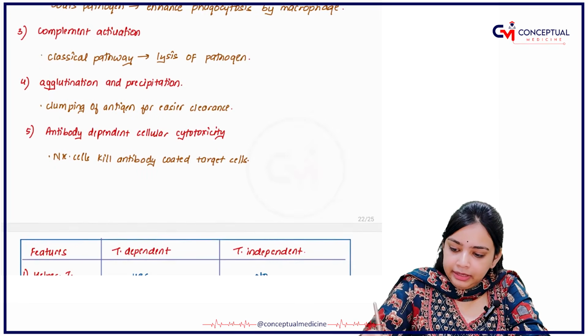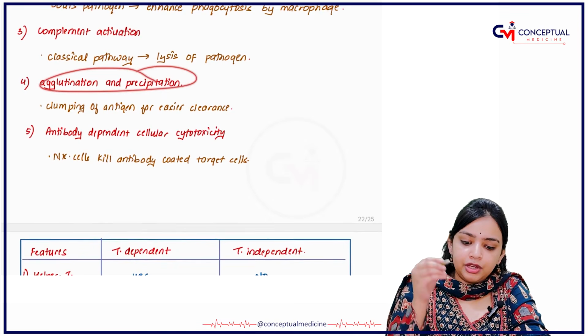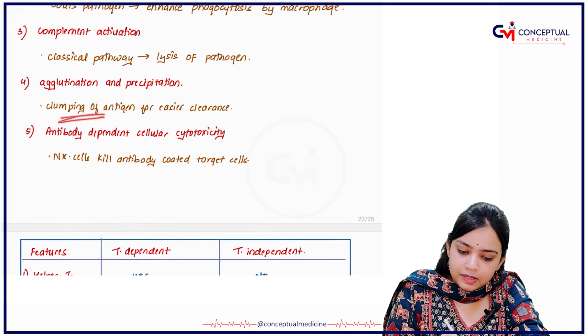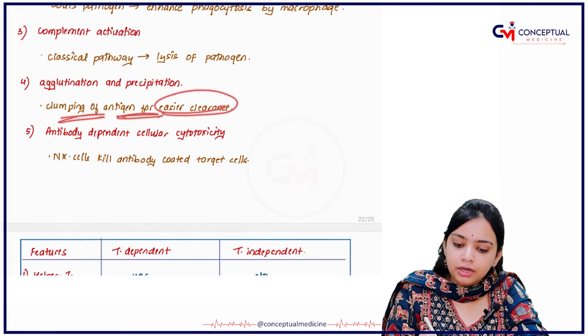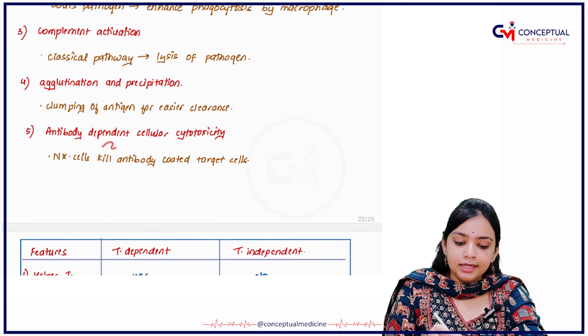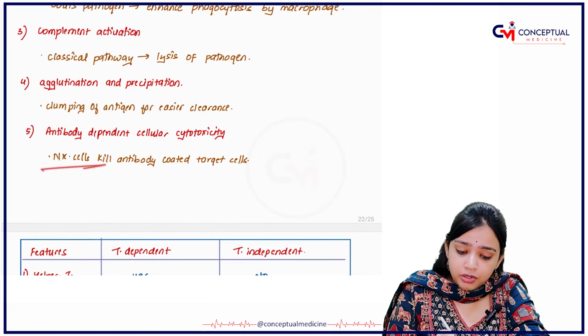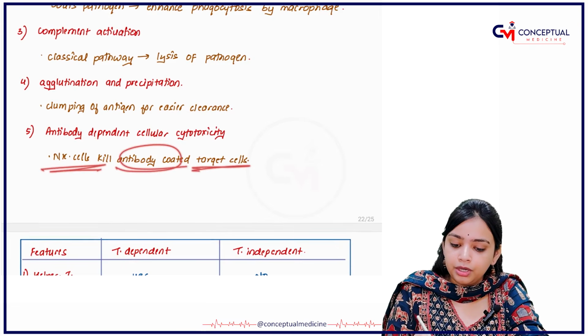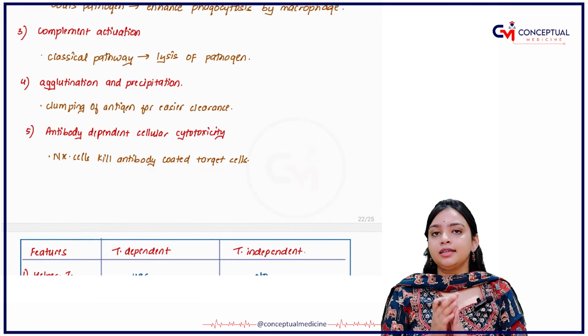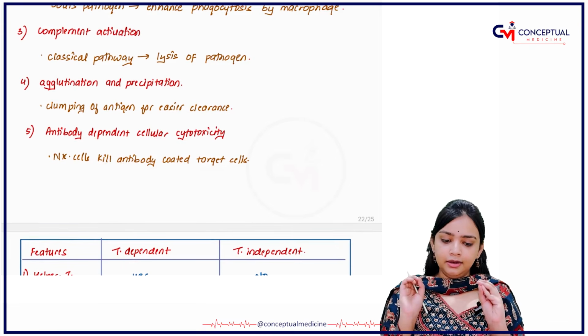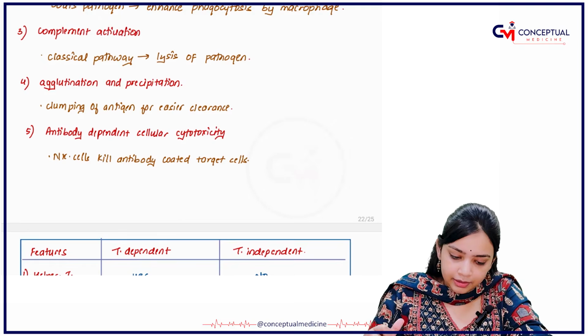Then what will happen? Then there is agglutination and precipitation. This means the clumping of antigen for easier clearance. Next, the natural killer cells will come into action. The natural killer cells kill the antibody-coated target cells.